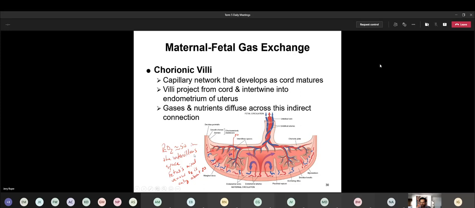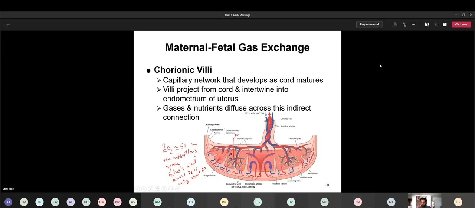And then there are mechanisms in place to ensure that that PaO2 of 30 is enough to sustain life. And of course, all the other essential nutrients are going to need to be passed over from the mom to the baby. And because the baby has only got a PaO2 of about 30, he is really going to need a lot of iron, because he's going to need to produce a lot of hemoglobin to increase his O2 carrying capacity.